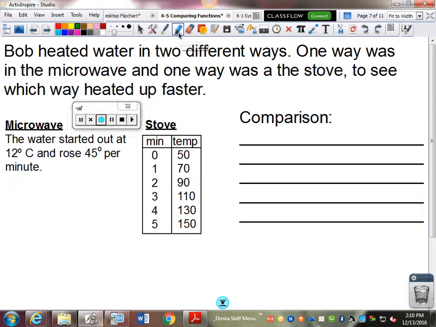So we have 2 numbers in here. We've got 12 and we've got 45. One of them is the rate of change and one of them is the initial value. Well, we need to read the problem. We can't just somehow guess. 45 has the word per associated with it, which tells me that it is the rate of change.